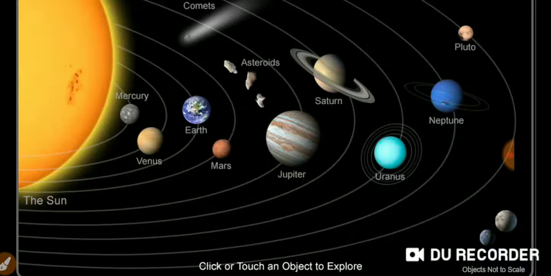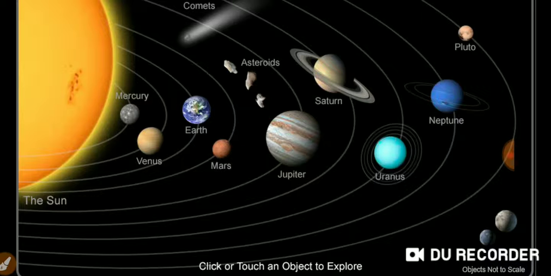Uranus also, the sun rises from the west and it revolves around the Sun from east to west. Next, you know that there is no satellite for Venus.